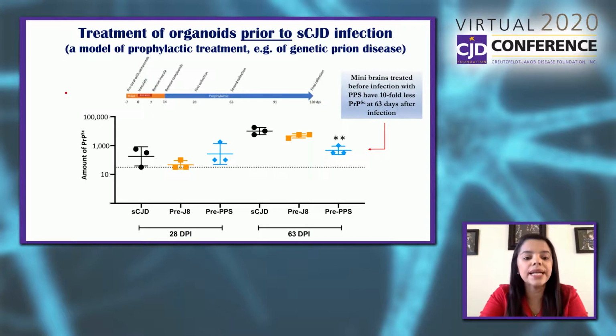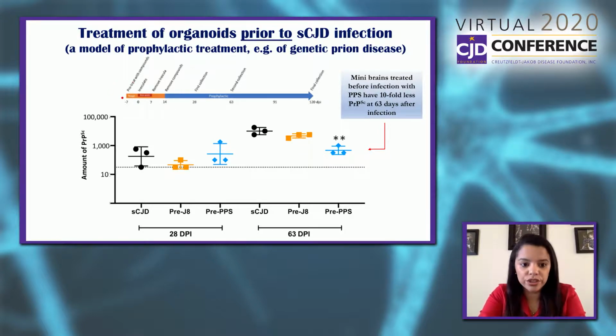So then I decided to assess two different regimens. The prophylactic treatment, where we can treat these mini brains prior to the infection, which mimics what could happen in the context of genetic prion disease, where we can treat these patients before the appearance of the symptoms. So here, I started the treatment.